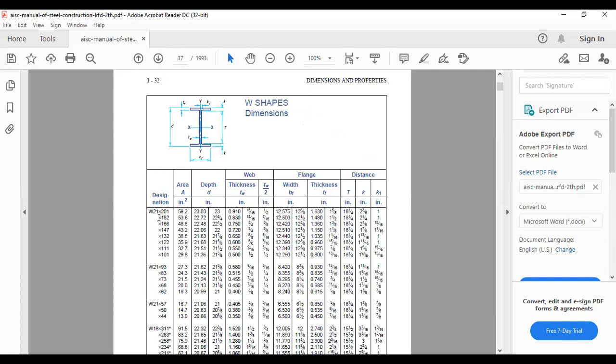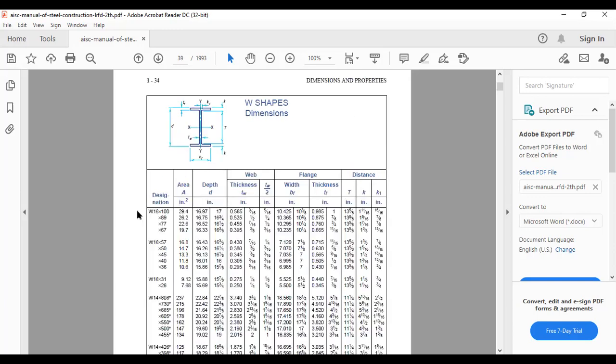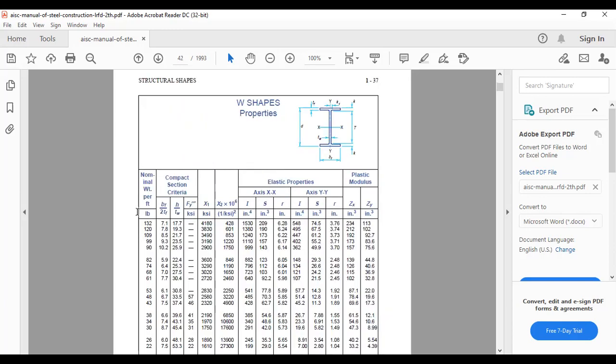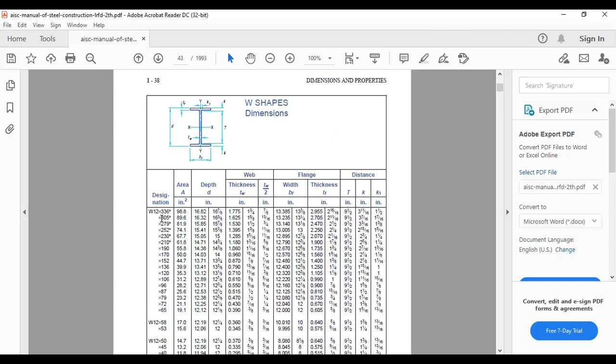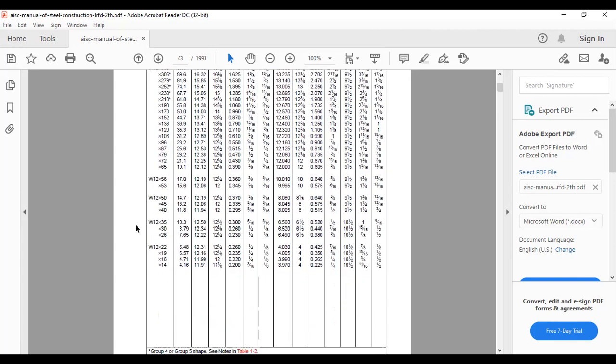The section that we are looking for is W12 by 22. Yeah, this is the section that we find, the W12 by 22. So we are going to note down the values that correspond to this section. Below it is written 19, which means that the section is W12 by 19, and then W12 by 16 and so on.